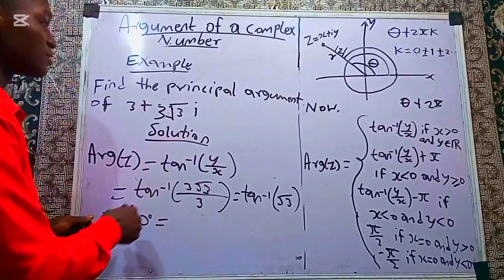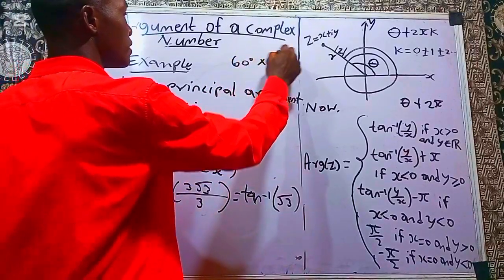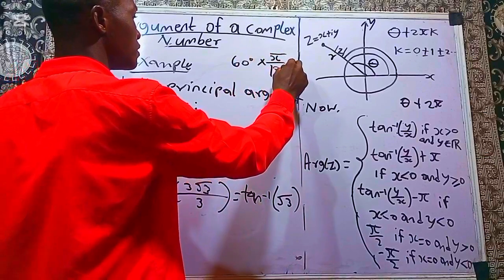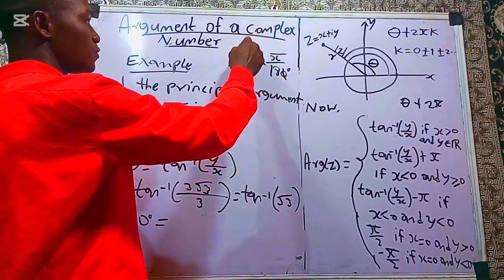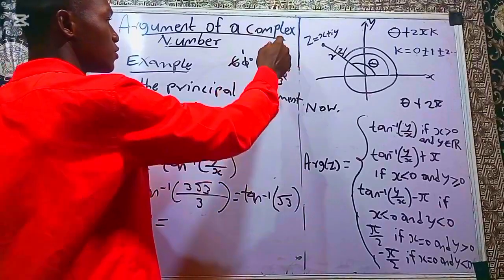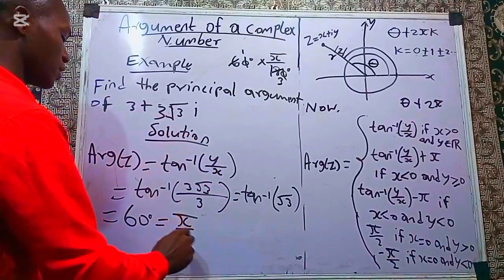So to convert 60 degrees to radians, simply do 60 degrees times pi over 180 degrees. So 0 cancels 0, 6 divided by 6 is 1, 6 divided by 18 is 3. So this will be pi over 3.